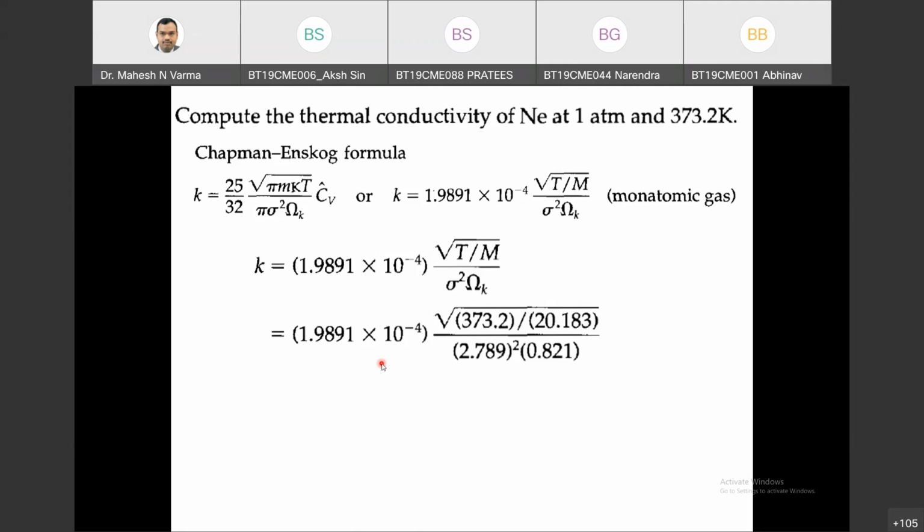Now, as I told, you go home and calculate the value of thermal conductivity by the remaining three ways, compare this value, and write your conclusion: which is more correct and why.